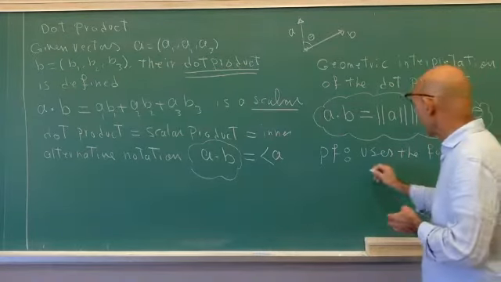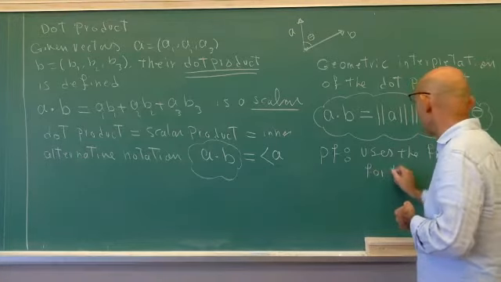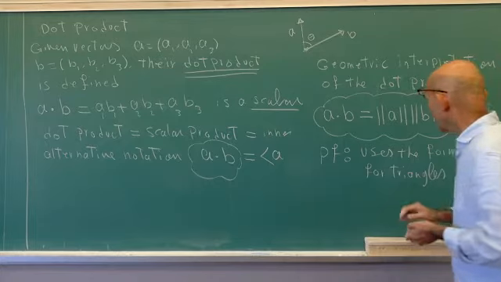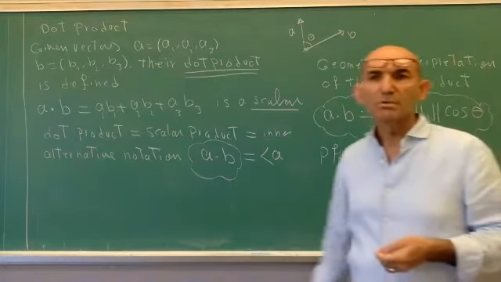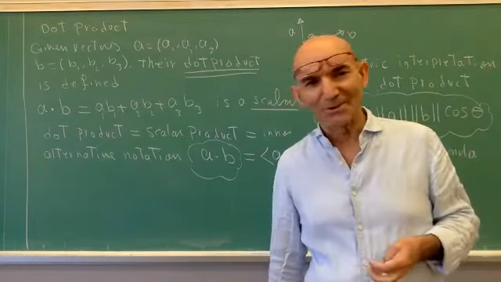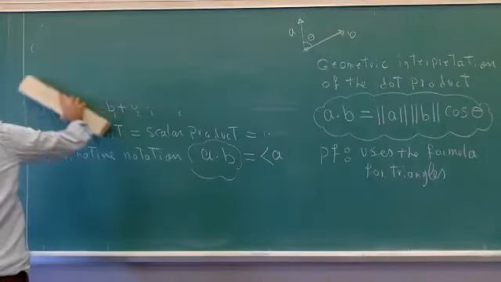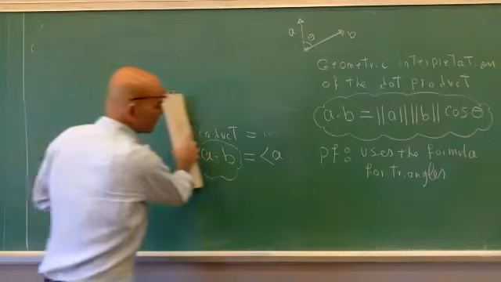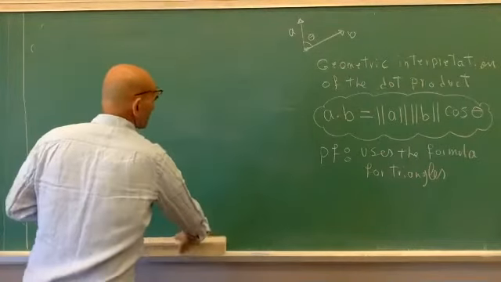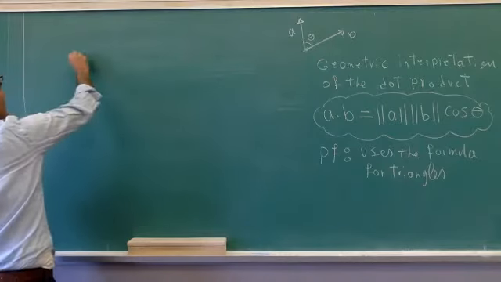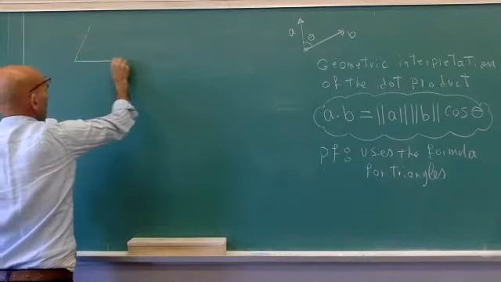The formula for triangles goes back actually 2,300 years ago. So this formula is so old. It was known to Greeks and I'm pretty sure to other civilizations. Exactly like that situation, but let's draw just a triangle.